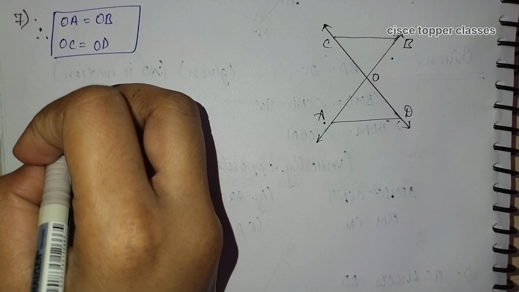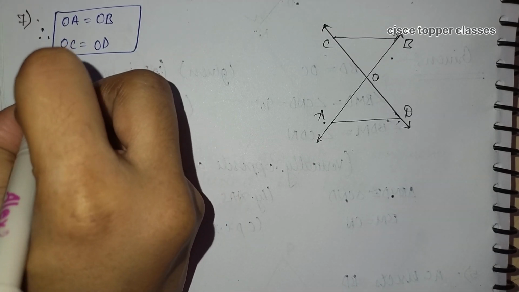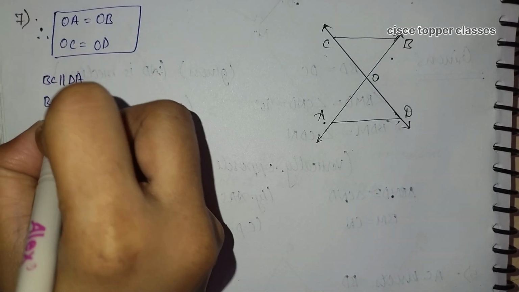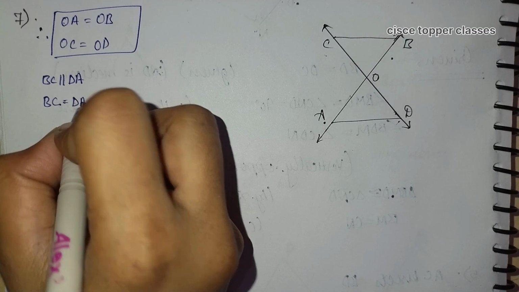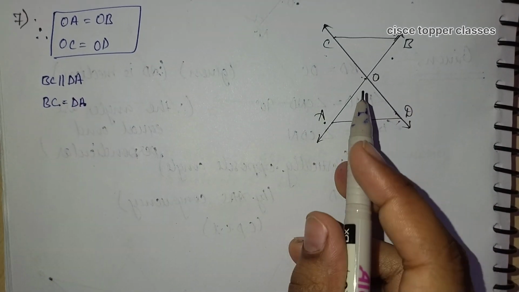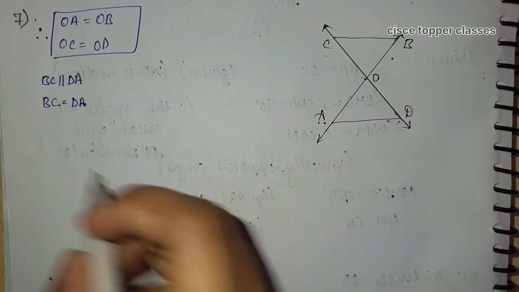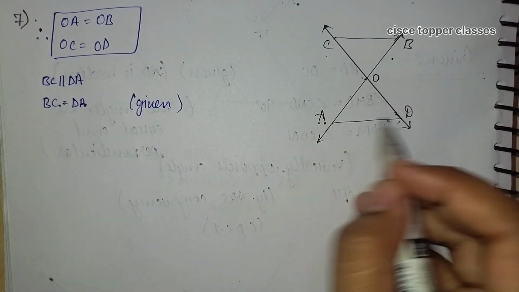To prove this, firstly the information which is given to us in this question is that BC is parallel to DA and here BC is equal to DA also. And it intersects at the point O. Simply we can write that from here we have alternate angles also. This is given to us because these two lines are parallel.